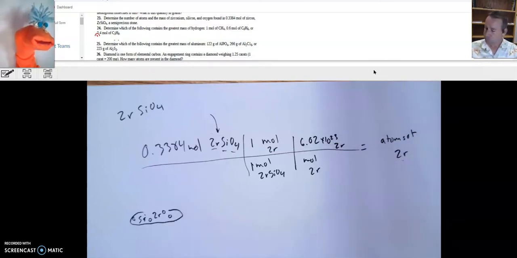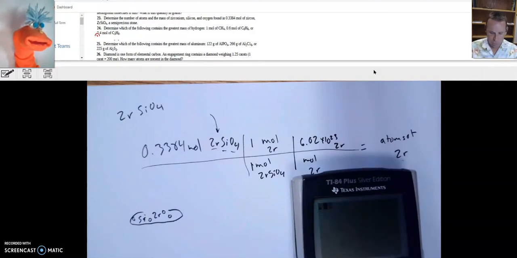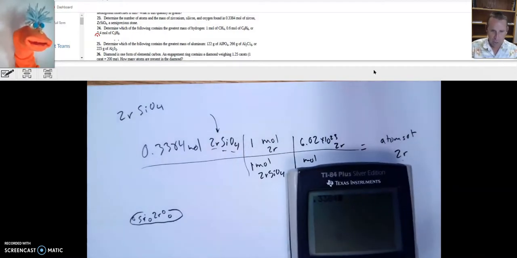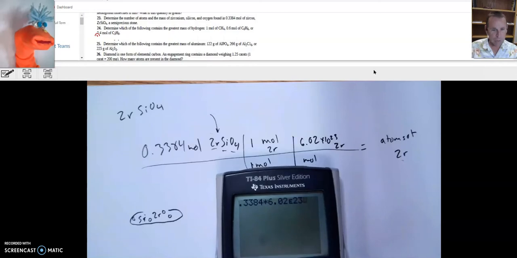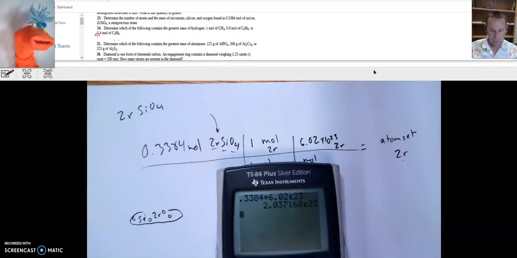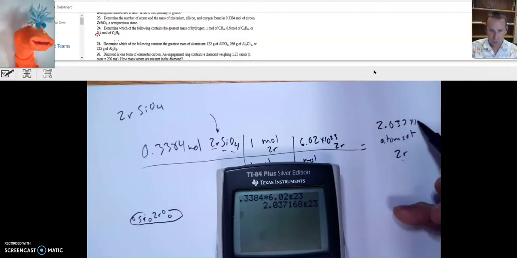Okay? So, calculator, 0.3384. That's how many moles of zirconium I have, times 6.02 times 10 to the 23rd. And that equals 2.037 times 10 to the 23rd.